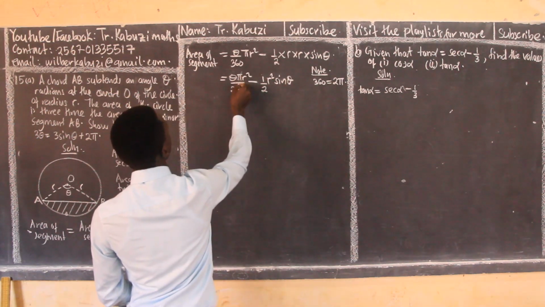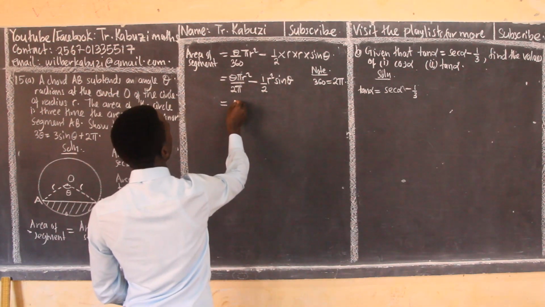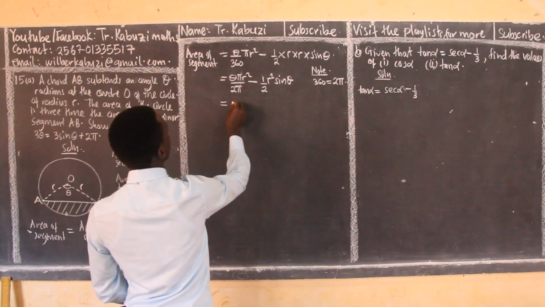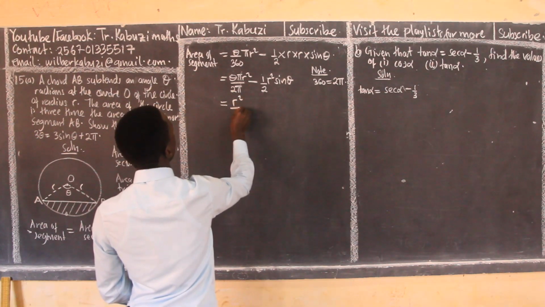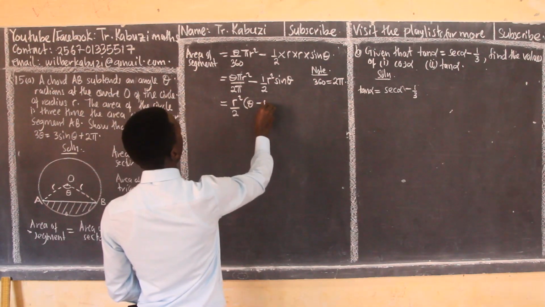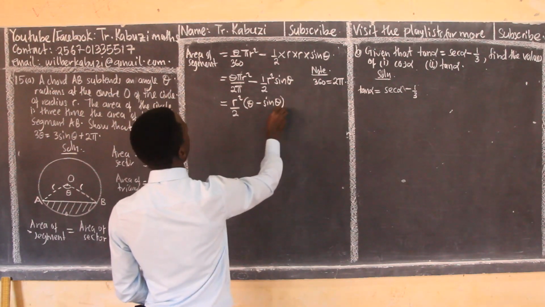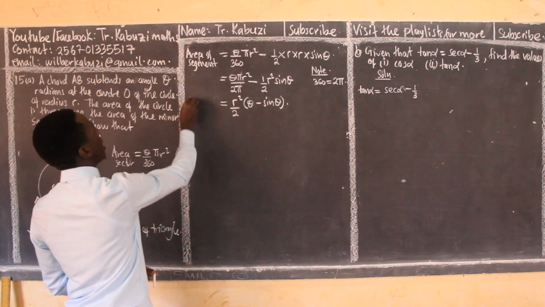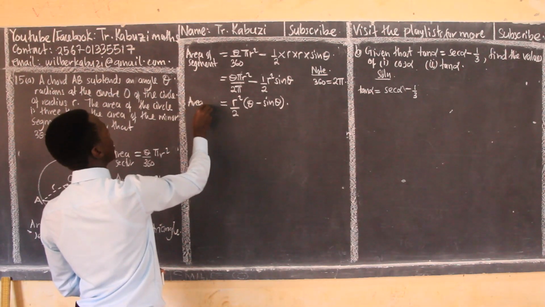You see that the pi goes, and if I factorize out r squared over 2, I'll remain with theta minus sine theta in that order. So this is the area of the segment.